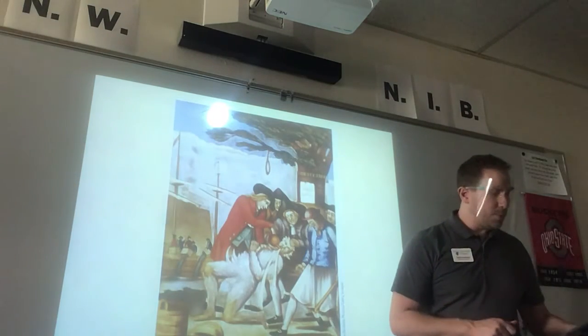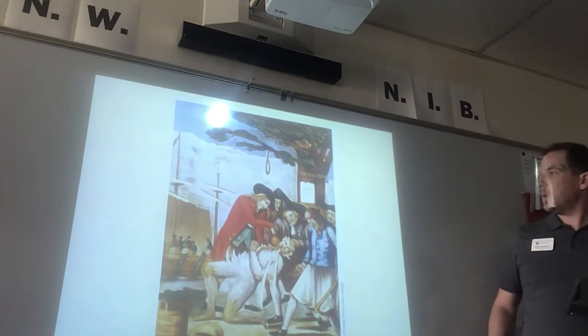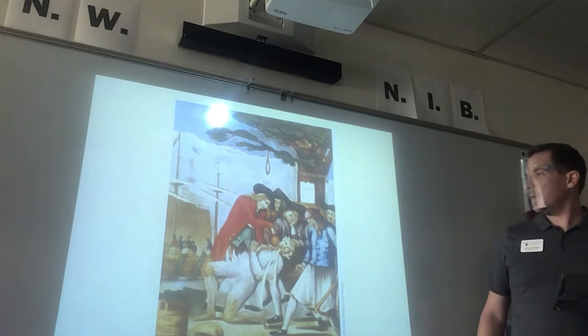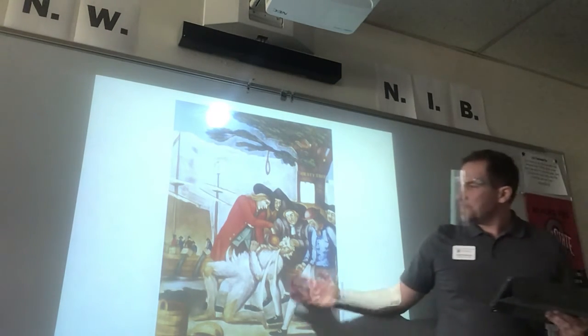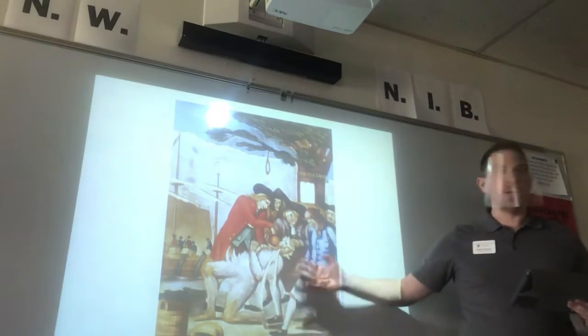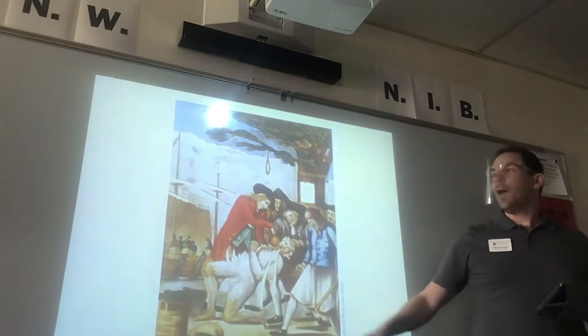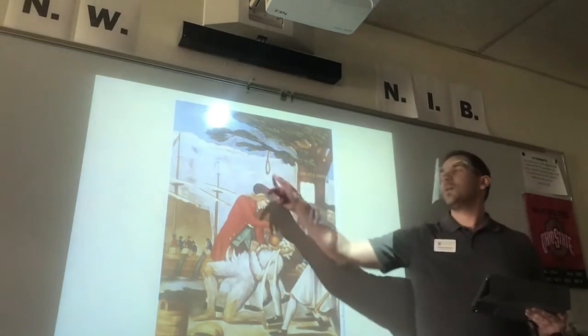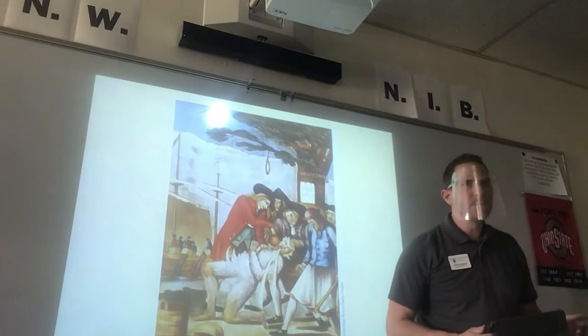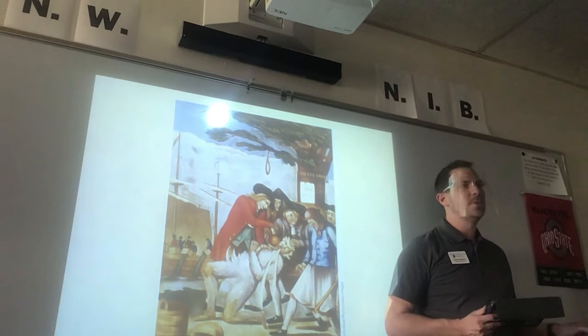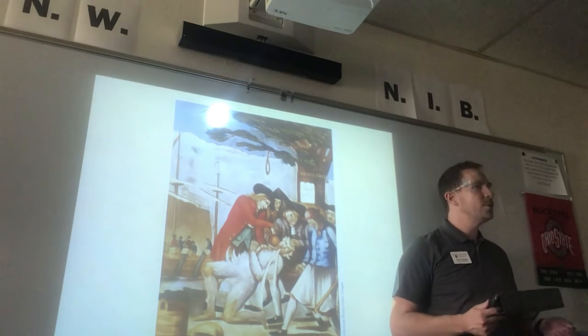So here's a good picture of what they did to one stamp tax agent. He's been tarred and feathered, and then they're pouring tea down his throat, and they've got a nice noose hanging there, just to let you know what could really happen if you do this. We probably should watch what a tar and feathering looks like; I showed my US history class.